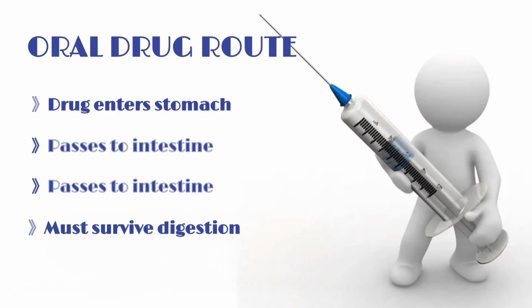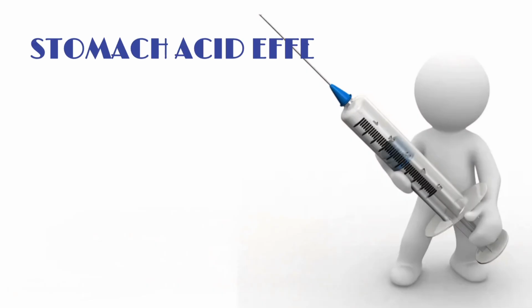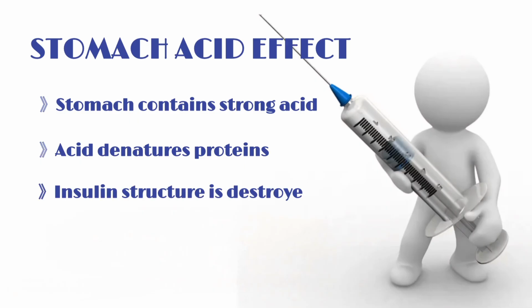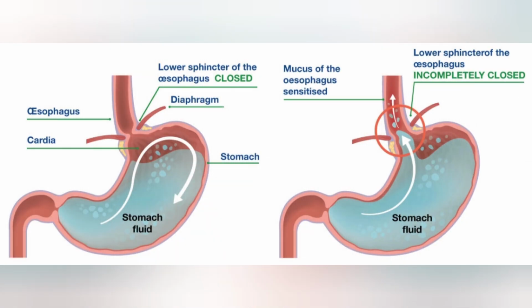What are the effects of gastric acid on insulin? Insulin is a protein, and proteins naturally break down during digestion. In the stomach, hydrochloric acid denatures the insulin, meaning it destroys its three-dimensional structure.